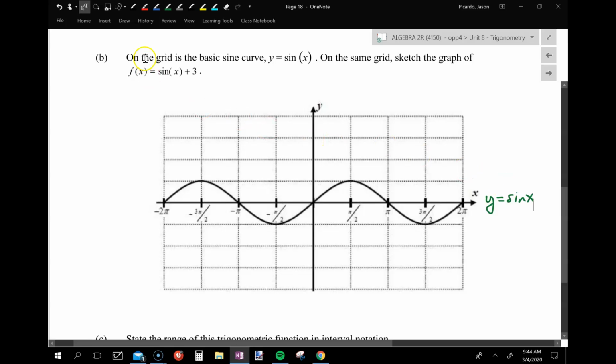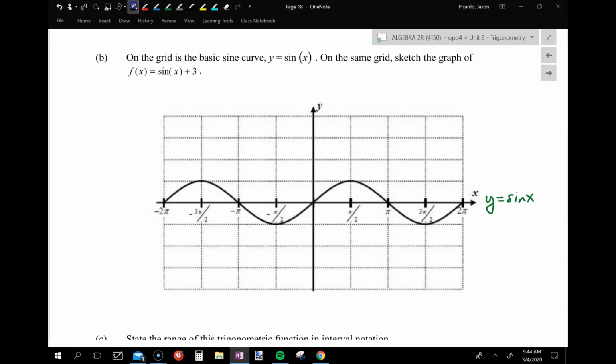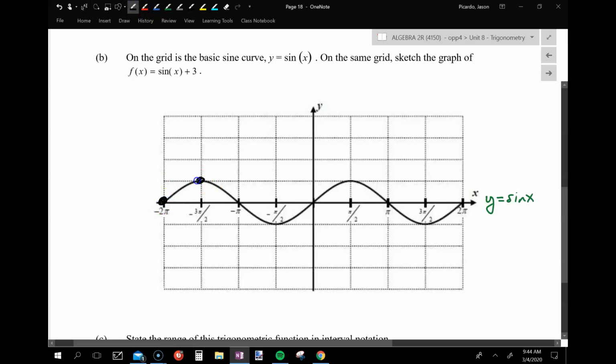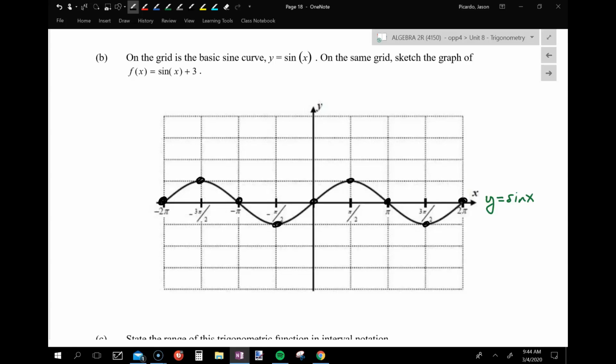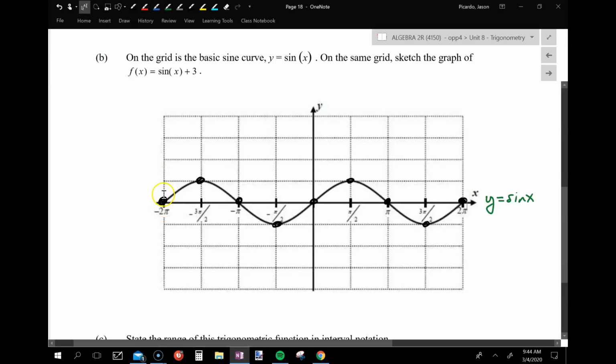What am I asked to do? I'm asked to take this curve and add 3 to it, which means this curve is simply going to shift up 3 units. So I'm going to take those key points that I would typically plot to graph this, and I'm going to simply shift them up 3 units. So this point right here is going to go up 1, 2, 3.